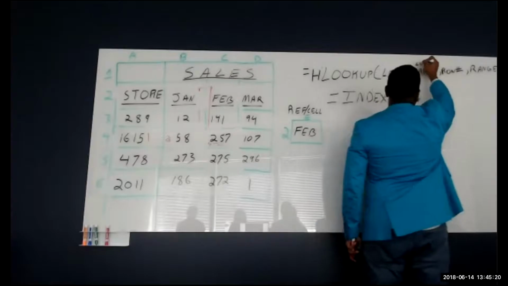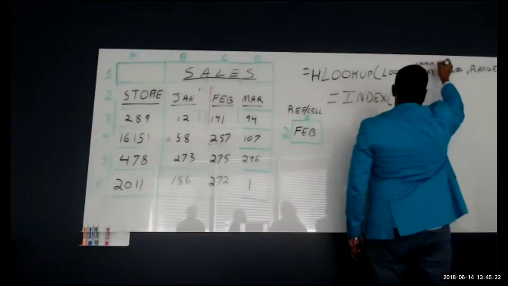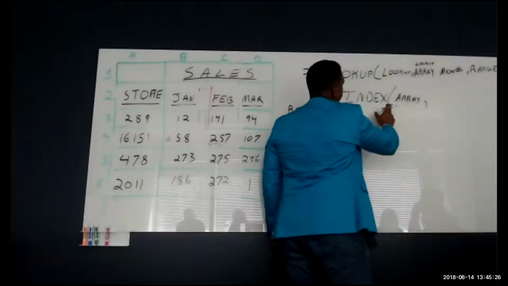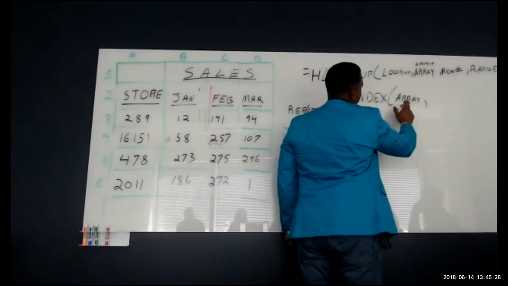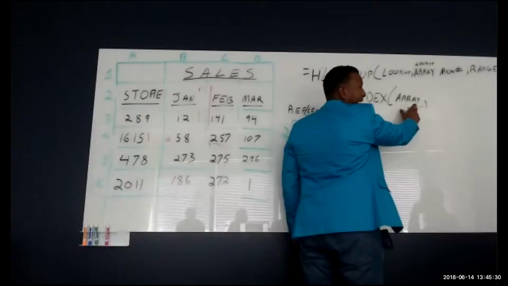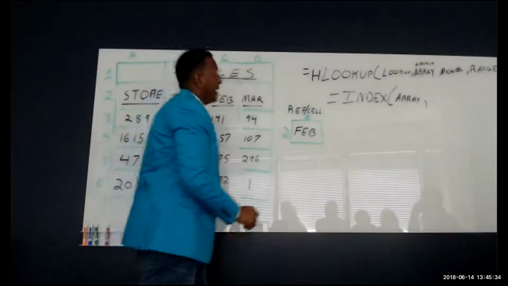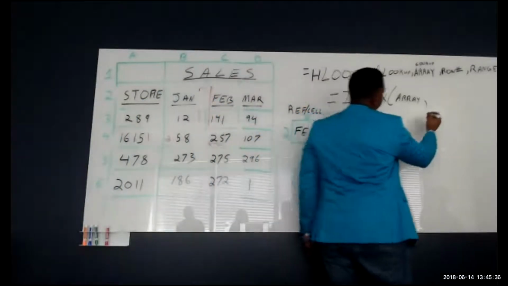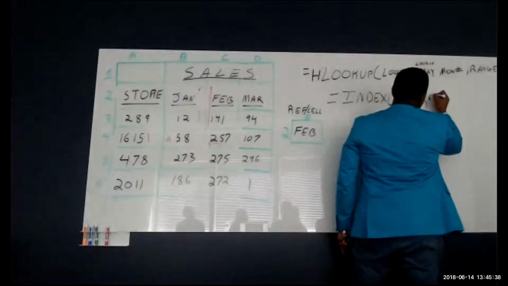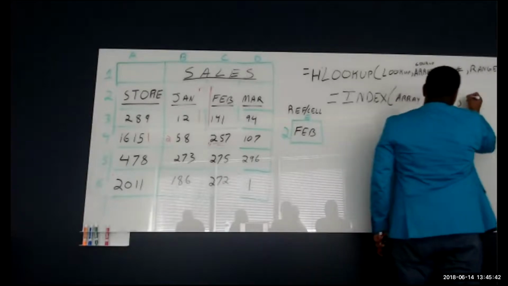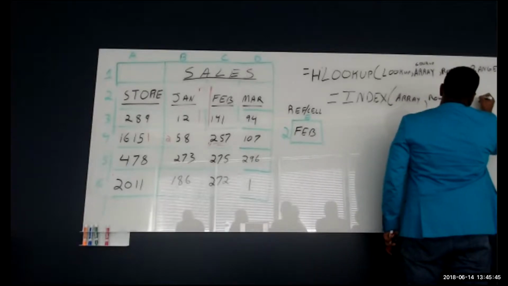Actually, this one is lookup array, and this is array, okay? Now, index, where can I find the answer you want? Then, it's going to ask you for the row number and then the column number.